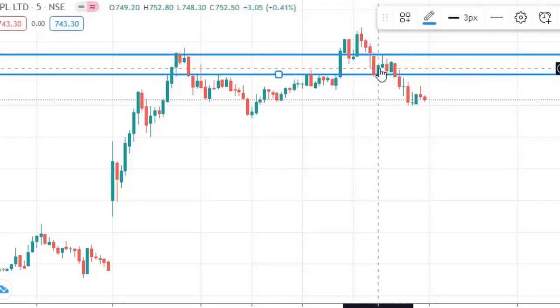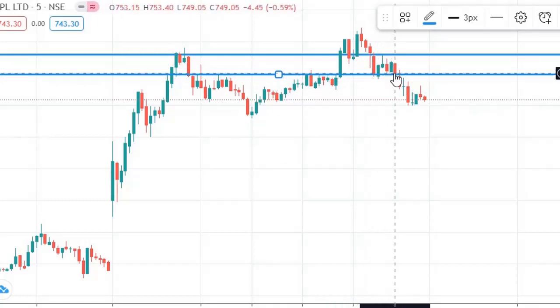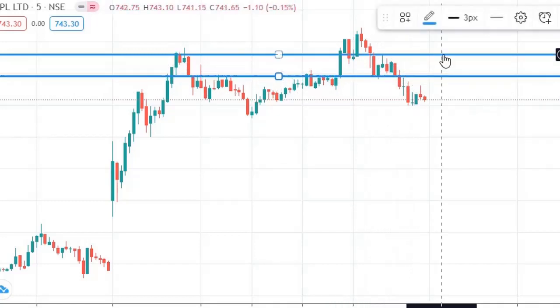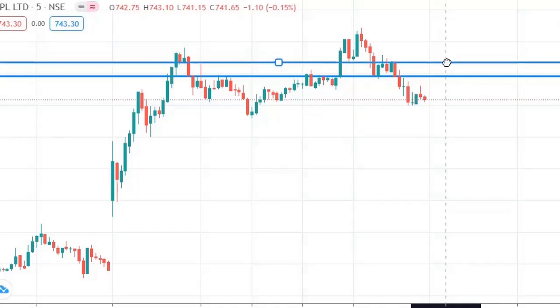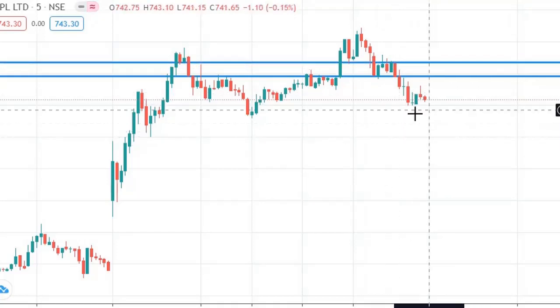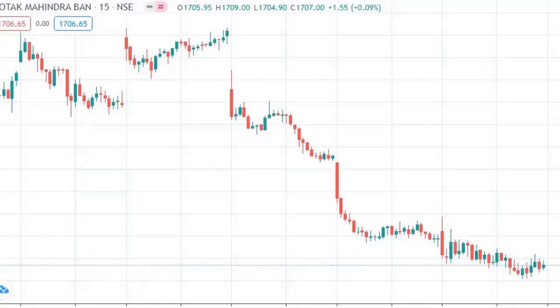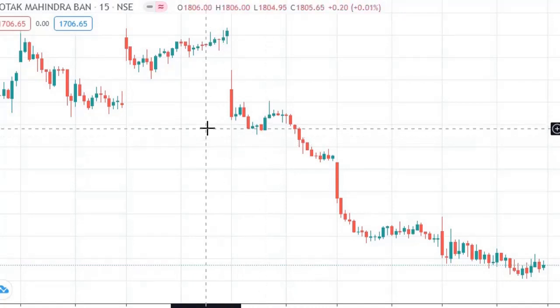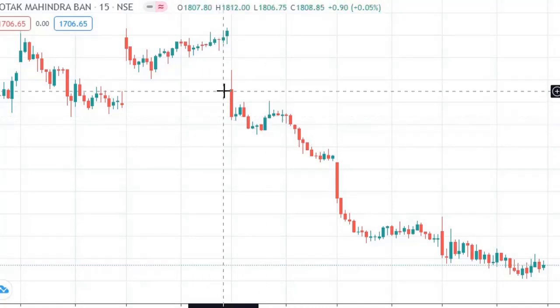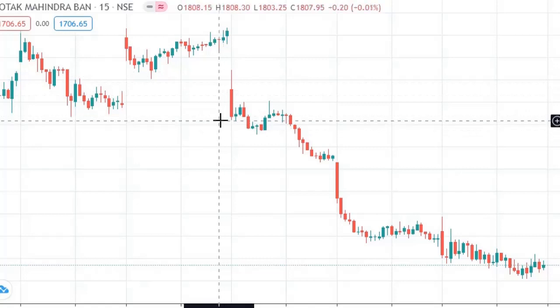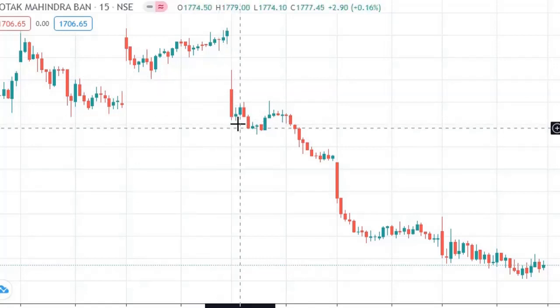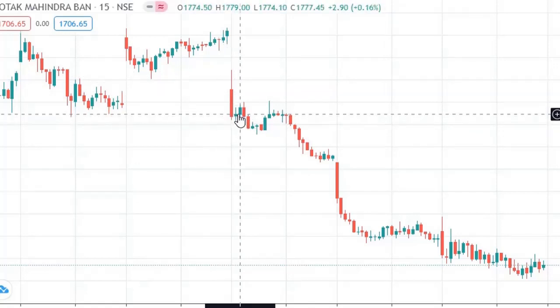Now everything happened inside this close, but this red bar closed here. So similarly you can take it down. Now I mark the high and low of this candle. It went down, so mark the high and low.